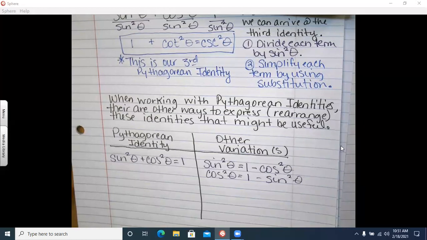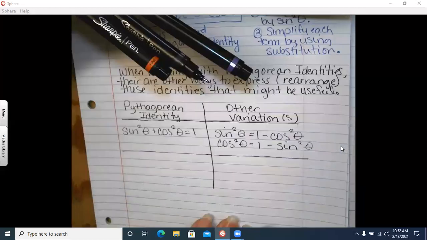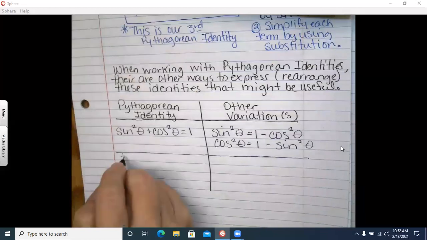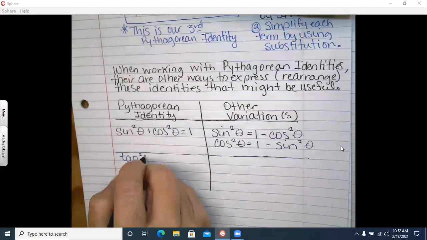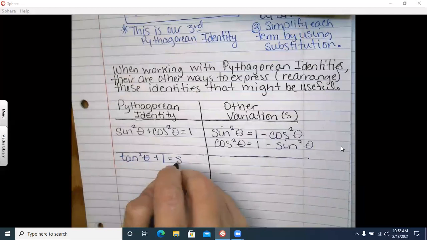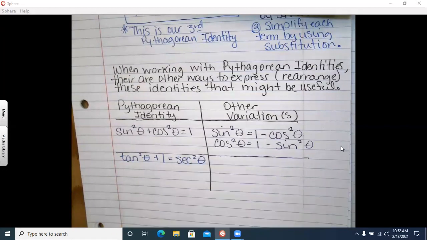Now let's take that second one we found, which was tangent squared of theta plus 1 equals secant squared of theta. So in this one, the secant's isolated, right? Well, what if I wanted to rearrange it so that tangent was isolated?